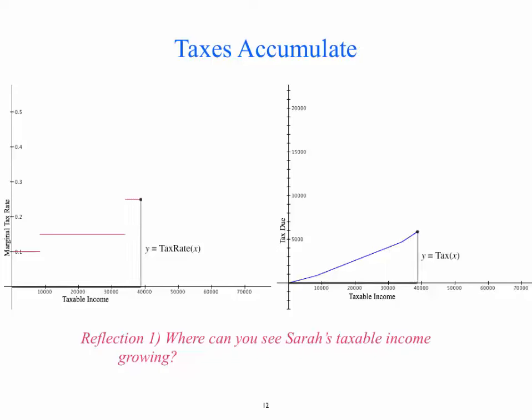Okay, so on both graphs, but where on both graphs? What specifically? Okay, and what is that line along the bottom called? X-axis, right? So we're looking at the x-axis of both graphs, the x-axis on both graphs.